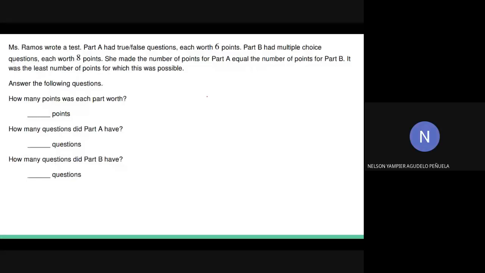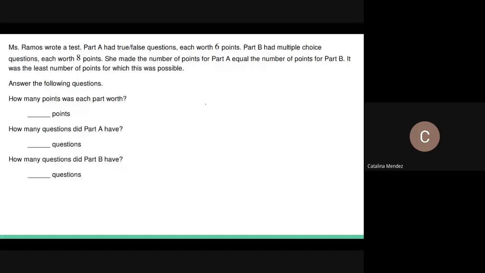How? I tried to do it with the 8 and the 6 to have an idea of the result. So you did it like the tables, right?